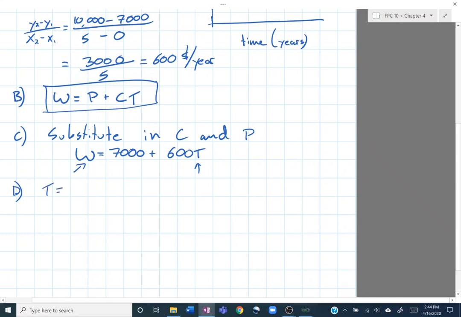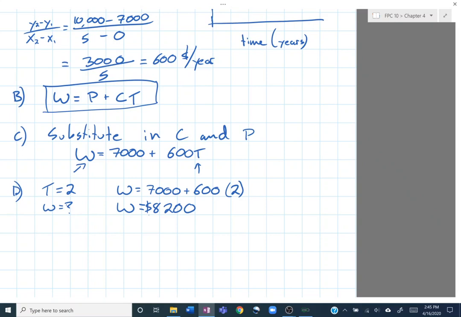So now time is going to be 2, and we're looking for how much it's worth, and I can substitute it into this expression, 600 times, not a t, because we know that t is 2, which I think is $8,200. Give me 1 second, and I will check. 7,000 plus 600 times 2, $8,200 on the button.